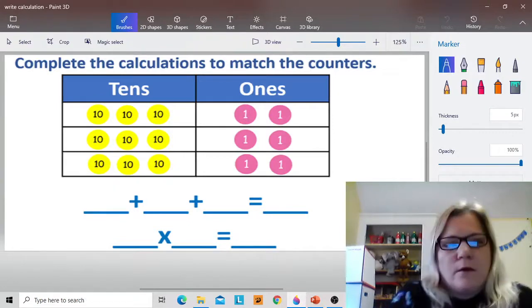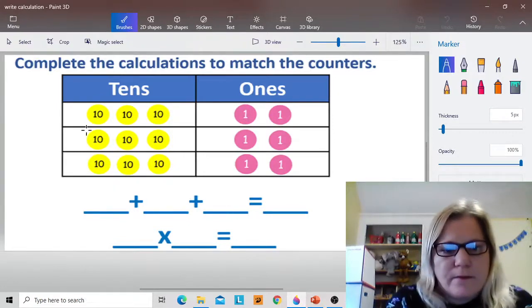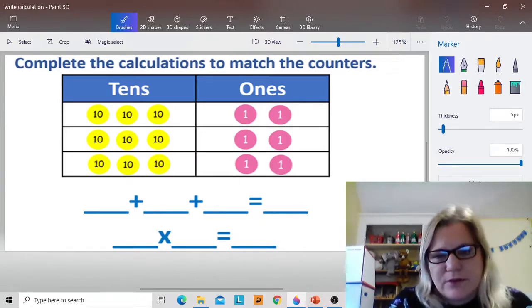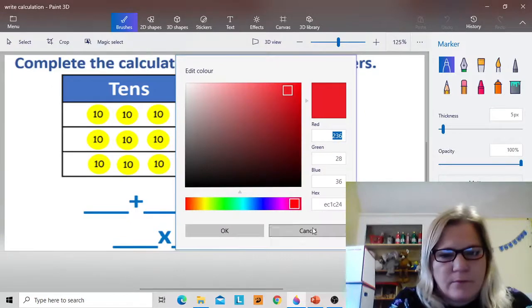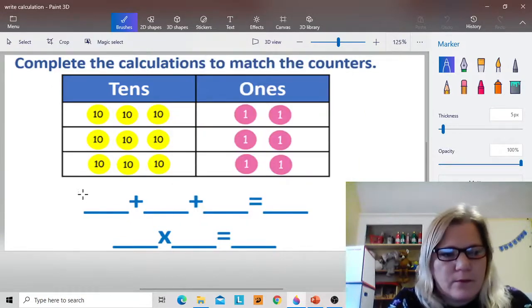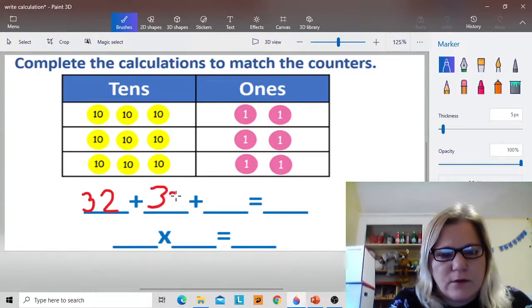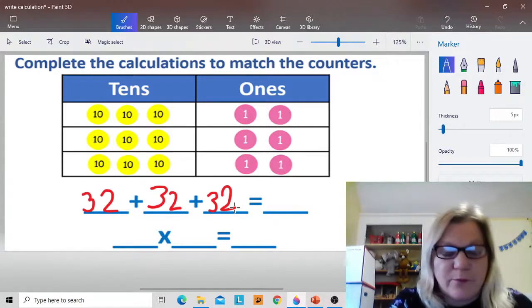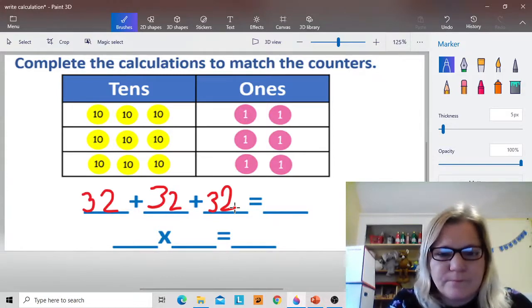So we have got 10, 20, 30, 2. So as a repeated addition, we would have 32, add 32, add 32. Mrs. Stockley can't write very well on the computer. You probably gathered that by now.